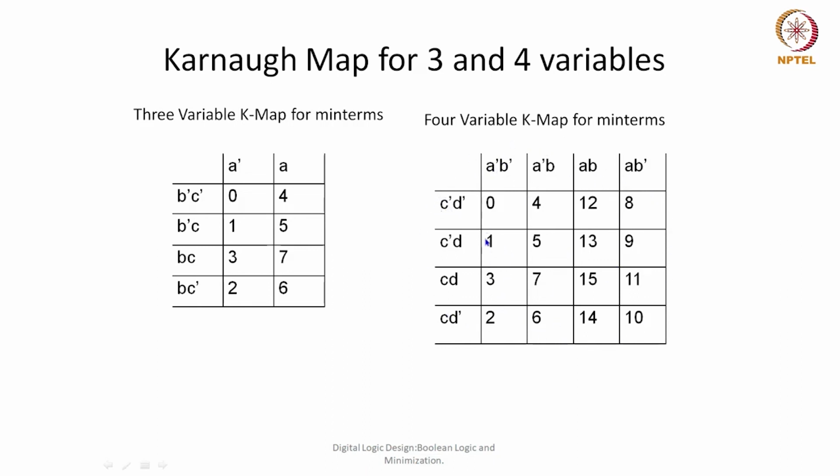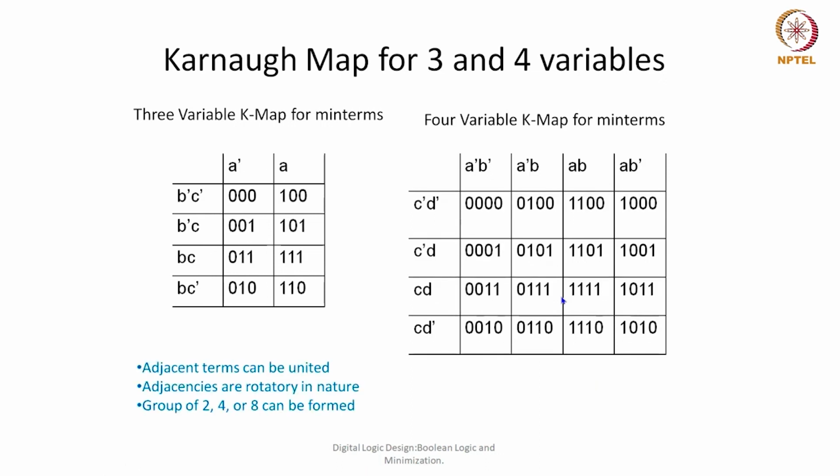The numbers of max terms will again remain the same, but in that case my result would be in terms of product of sums. So each cell represents one of the min terms or max terms, and adjacent cells differ only by one bit.